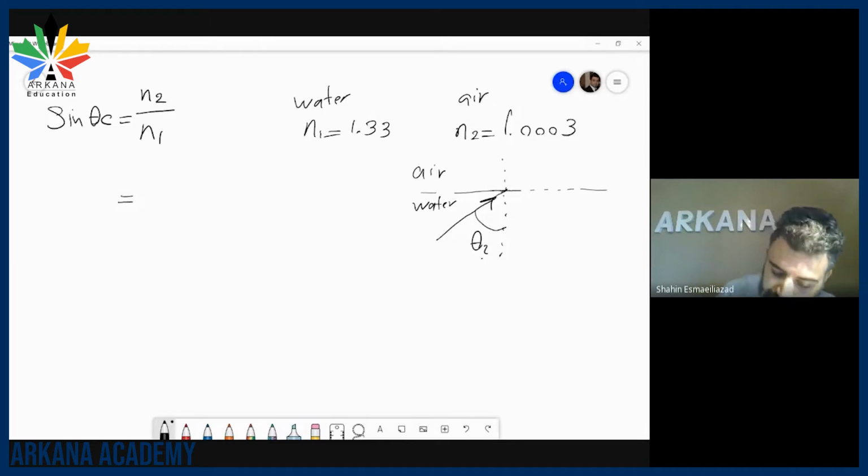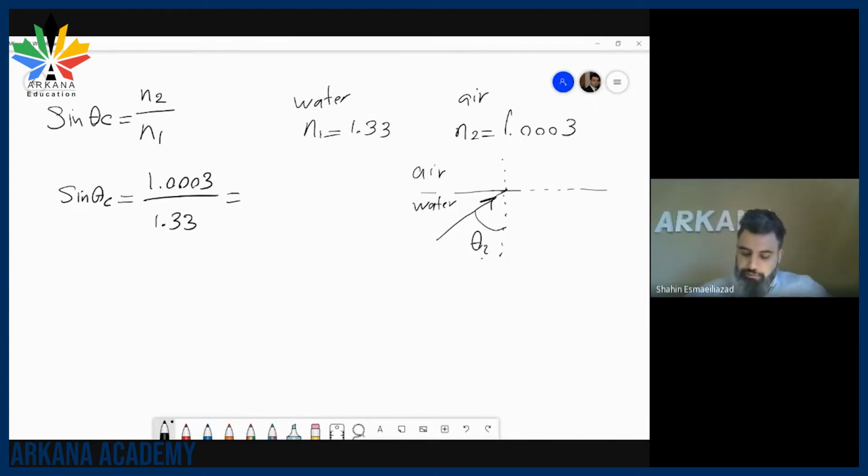The equation we're going to use is sine theta c equals n2 over n1. N2 in this case is the second medium, the lower medium, the one that the ray is trying to enter. That's air in our case, 1.0003, and n1 in our case is 1.33.